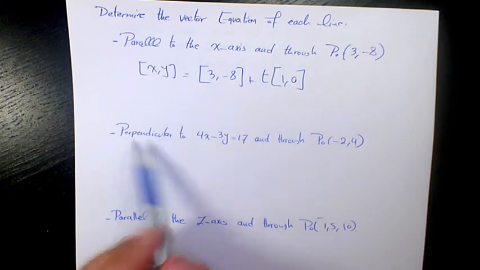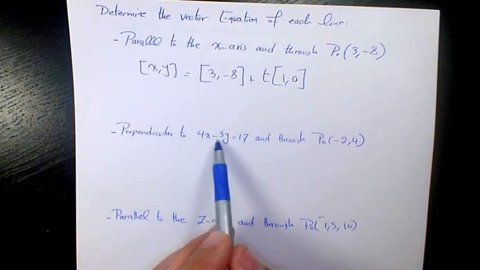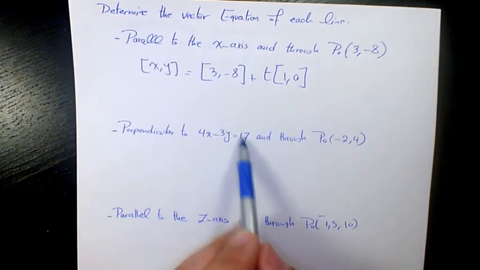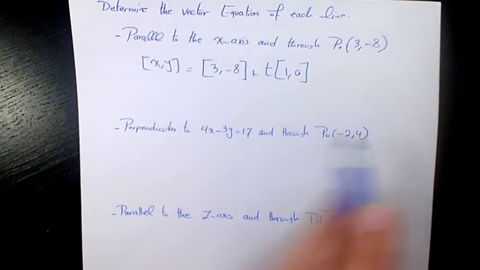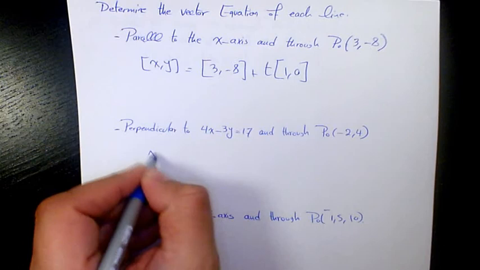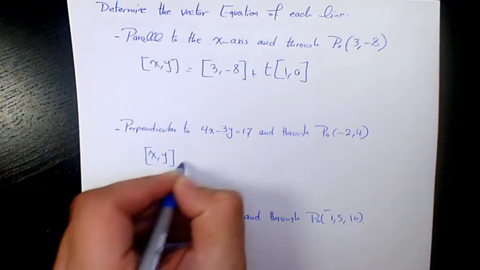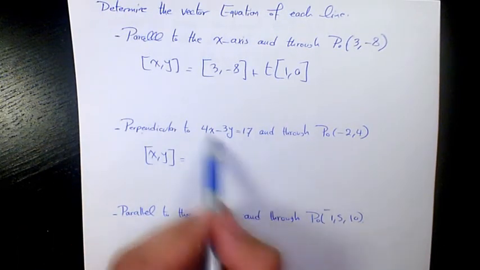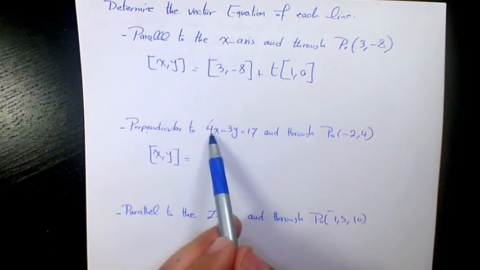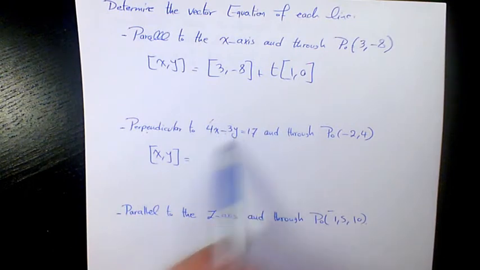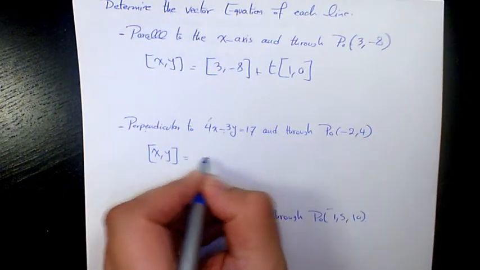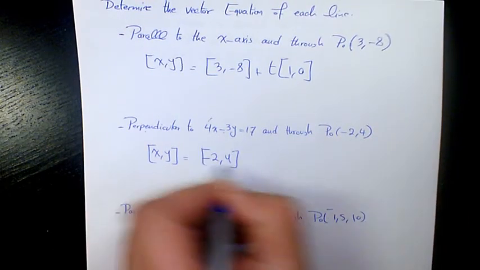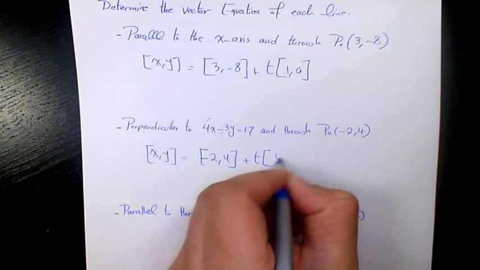And second one, it says perpendicular to 4x - 3y equals 17 and through the point (-2, 4). So that's very simple as well. It says perpendicular to this line. The normal to this line is (4, -3). It means that this line is going to be parallel to (4, -3). And it's passing through (-2, 4) plus t times (4, -3).